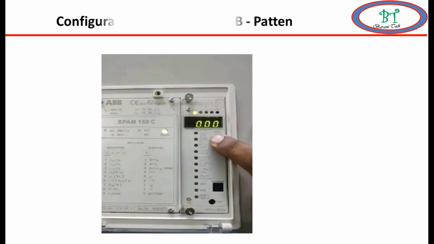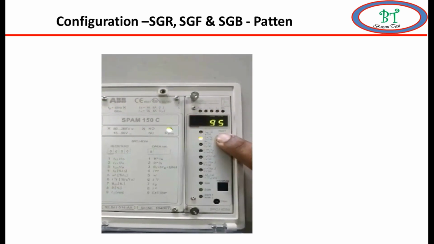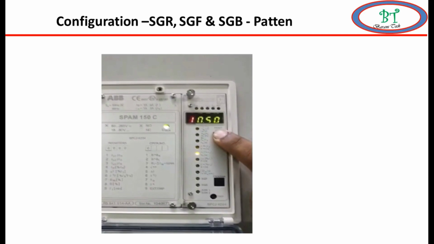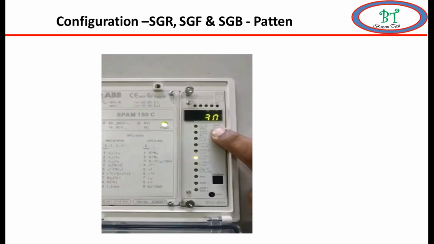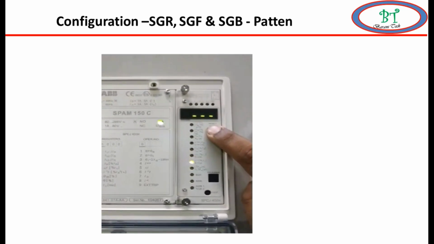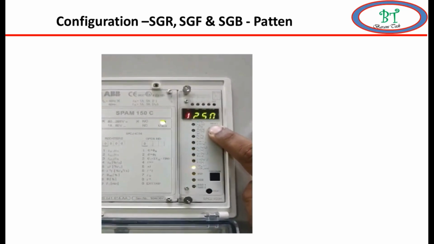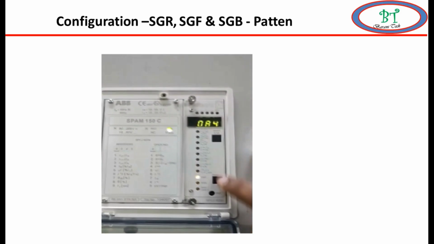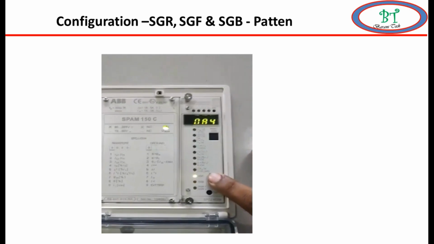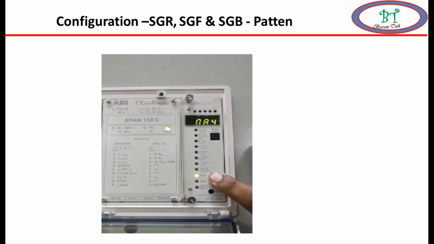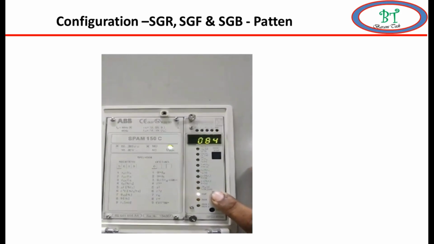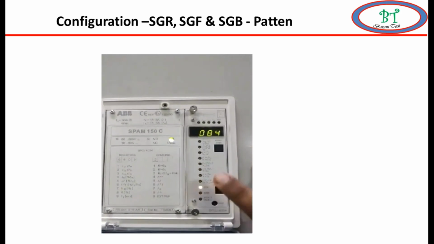When we see SGR or SGF, all of these have some value. We have to select the function by pressing step down, and now we see in SGF, here it is 84. This value indicates the relay configuration, and for doing configuration we need to press the program button. Once we press it, it will start to blink, and again we have to press program.